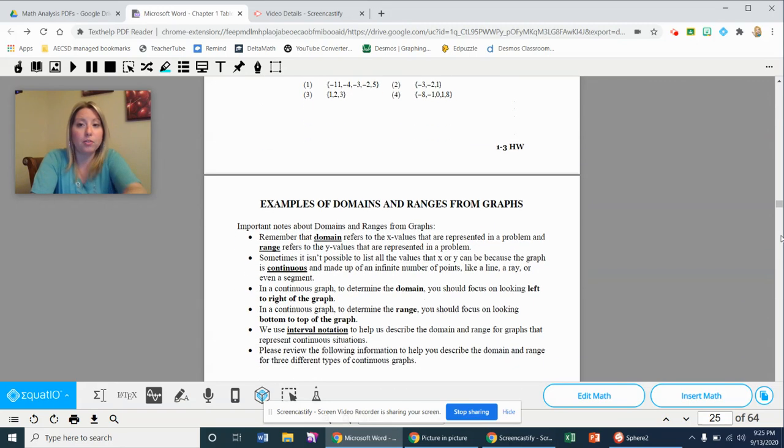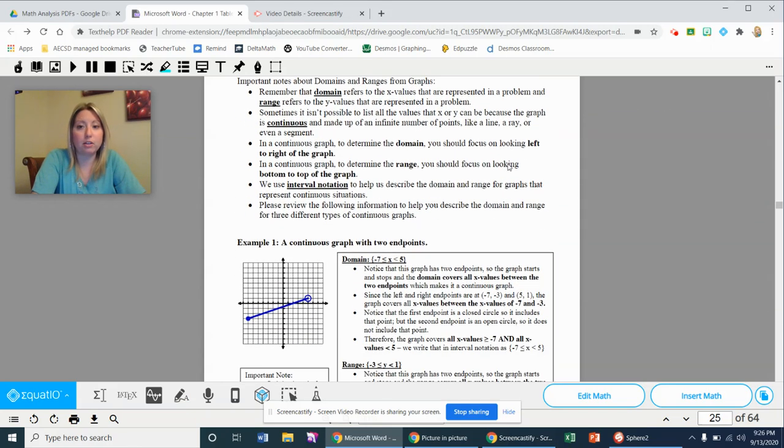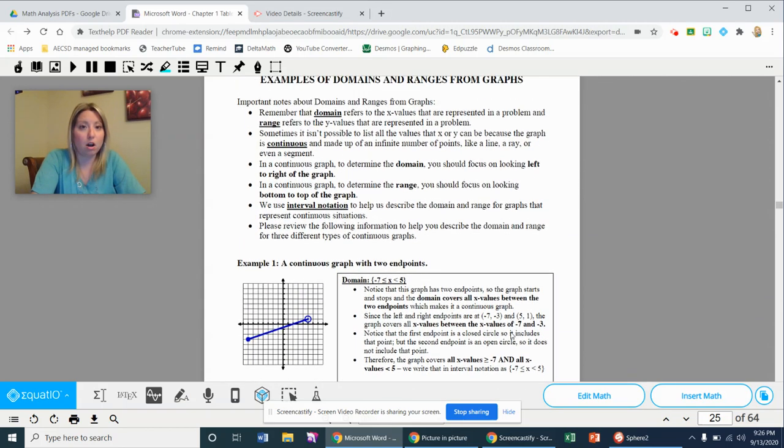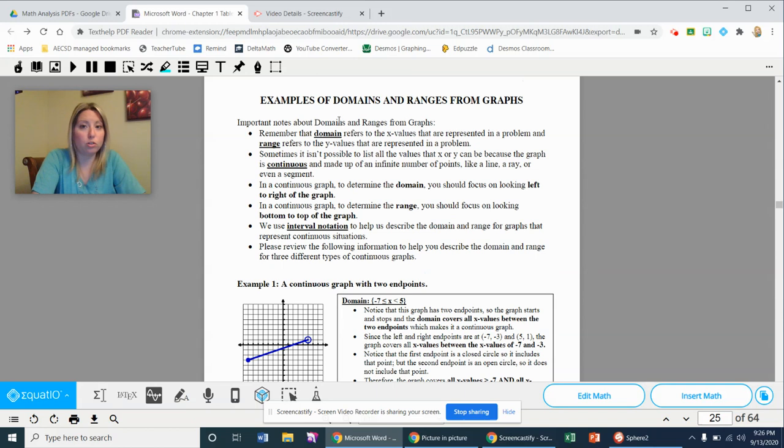After that, the bottom right corner right here says 1-3 homework. Notice these next pages don't have anything in their bottom right corner. This is a review of how to do domain and range. So your day 2 of lesson 3 is this.